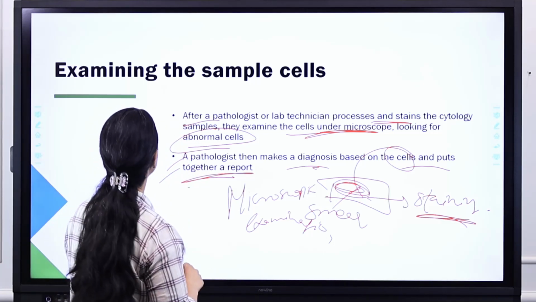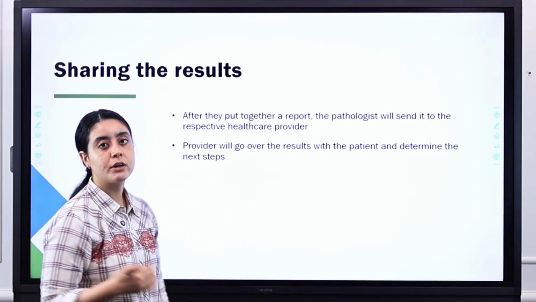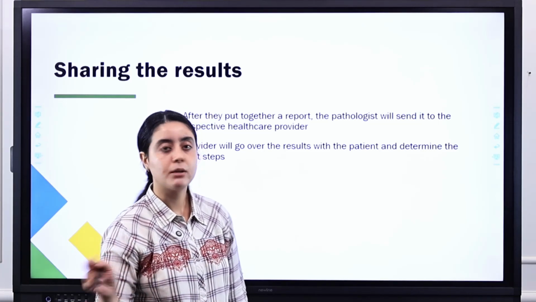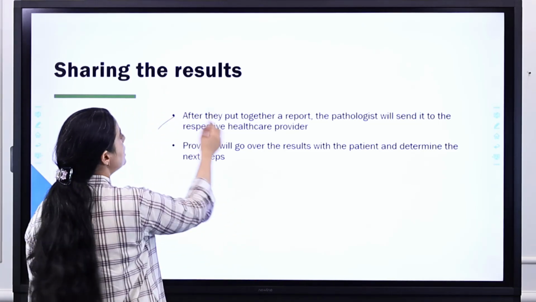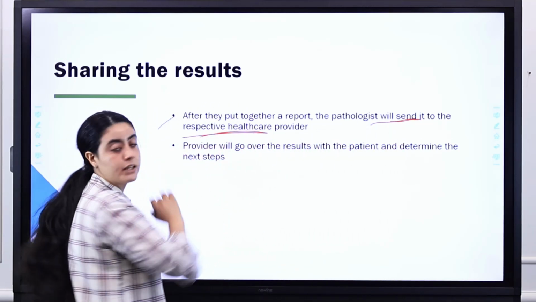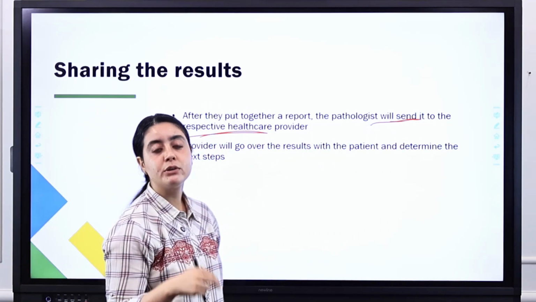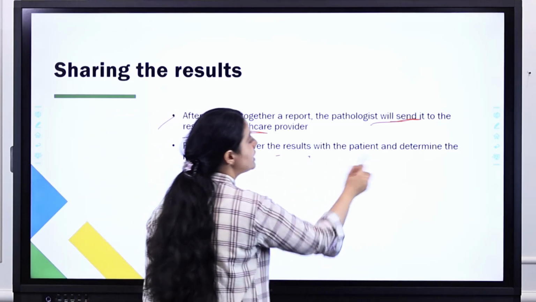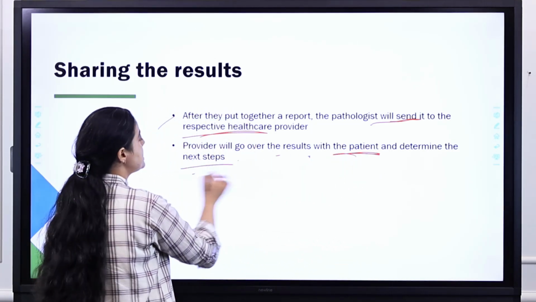Now, what will be the next step? Sharing the result. The report is already formed, so now it's time to share the result with the patient. After they put together the report, the pathologist will send it to the respective healthcare provider who will deal with the patient, and the provider will go over the result with the patient and determine the next steps.